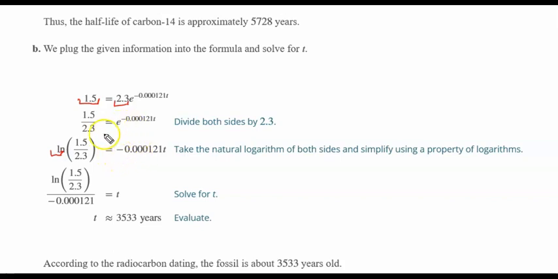And keep in mind that the natural log of this just becomes the exponent. We divide both sides by this portion, and we solve for t, and we get approximately 3,533 years. So that's a dead thing here, and we've measured its estimated age using radioactive carbon dating.